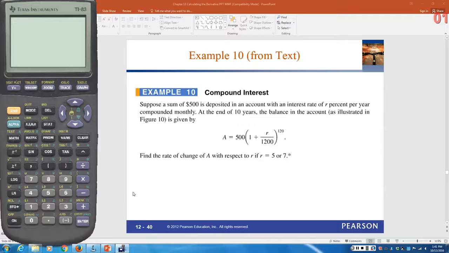At the end of 10 years, the balance in the account, as illustrated in the figure on the next slide, is given by A equals 500 times (1 plus R over 1200), all raised to the 120th power. So this is straight out of your finance math from Math 1630. It says find the rate of change of A with respect to R if R is equal to 5 or if R is equal to 7.